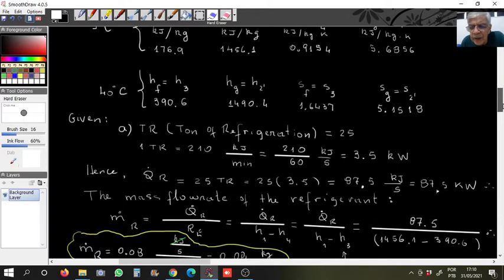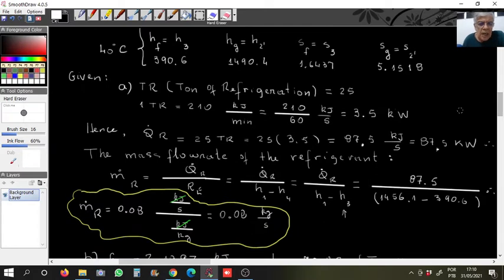Now, this is a parameter, it's the capacity of the cycle. TR is tons of refrigeration. This is a number, it is given, 25. This is a unit, 1 ton of refrigeration is in general 210 kilojoules per minute.